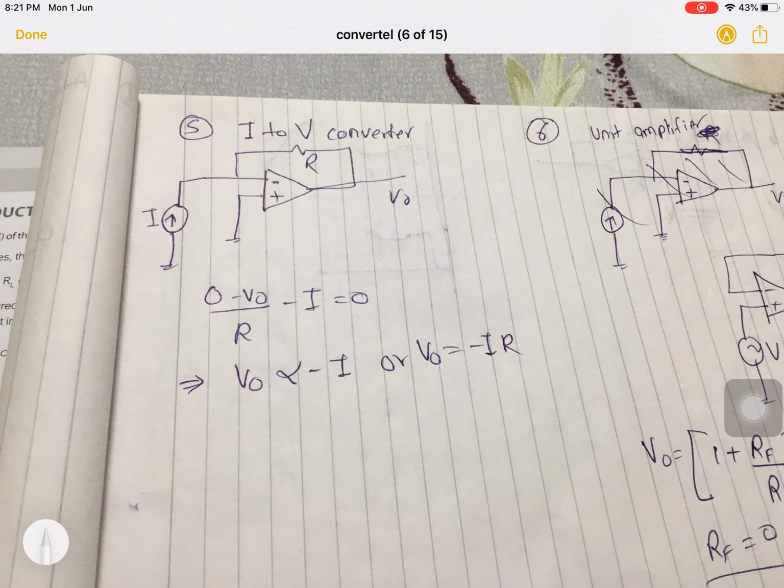So now one more circuit is the I to V converter. This is the I to V converter. In this I to V converter, again this is a current source, and we need an output voltage proportional to I. Again, applying KCL at this point, 0 minus V naught by R minus I equals 0. So V naught is equal to minus IR.